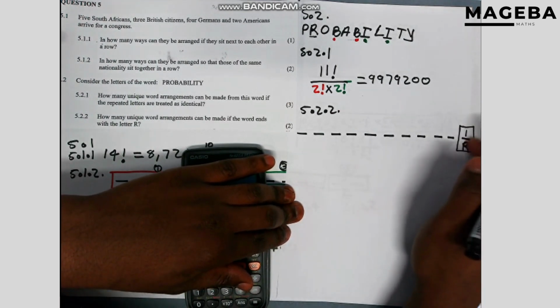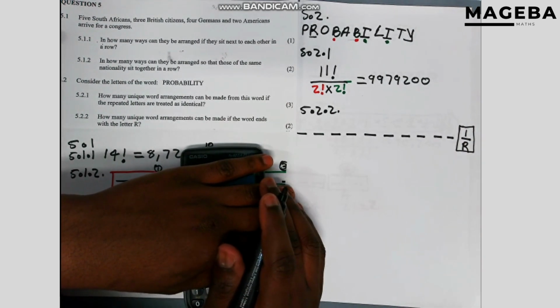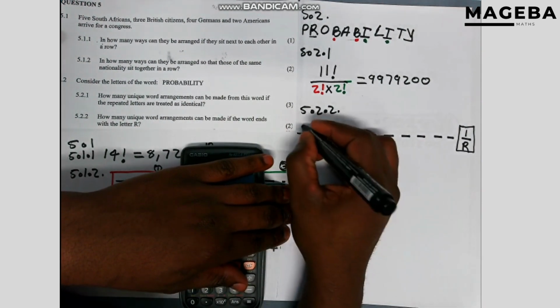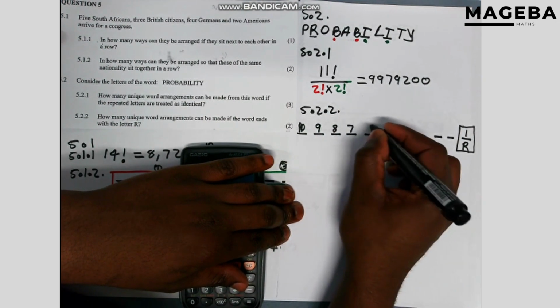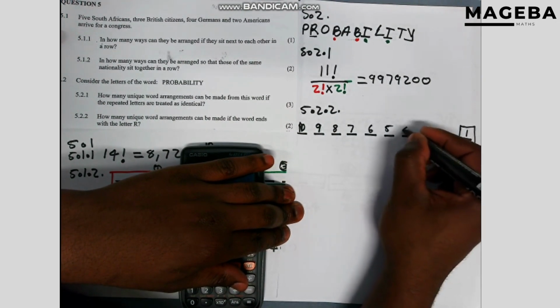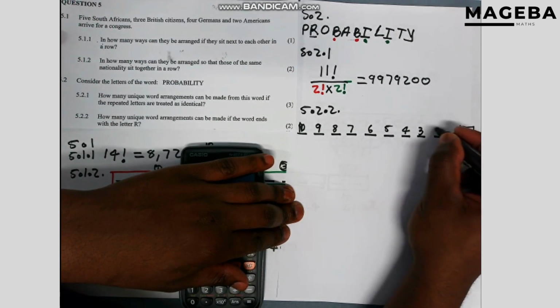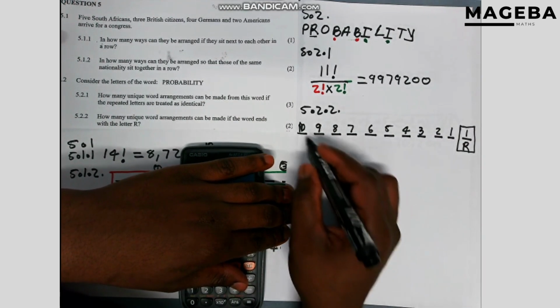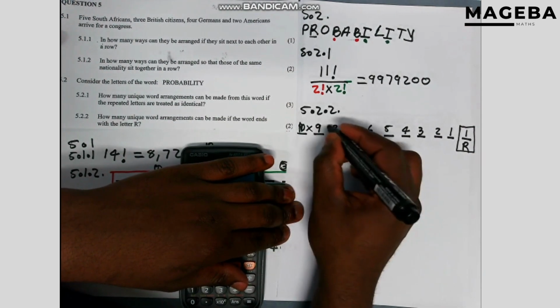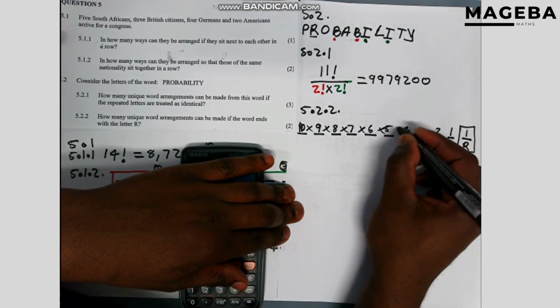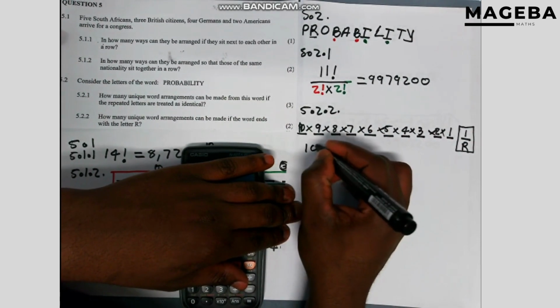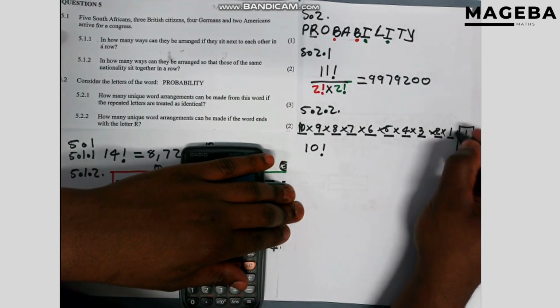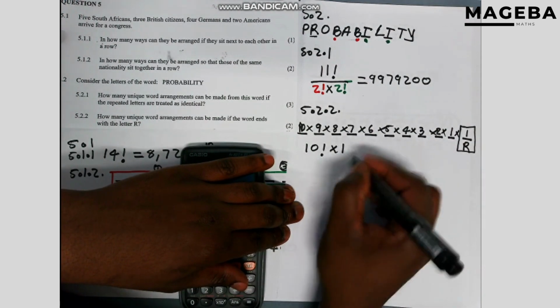I've already used R, so I have 10. So it's 10, 9, 8, 7, 6, 5, 4, 3, 2, 1, that is 10 factorial, times this 1.